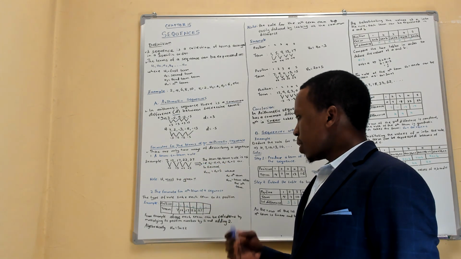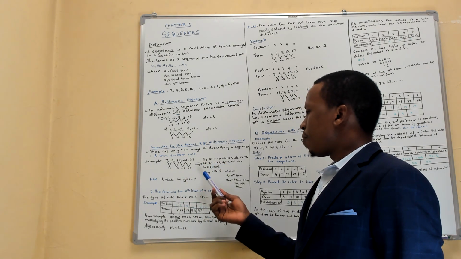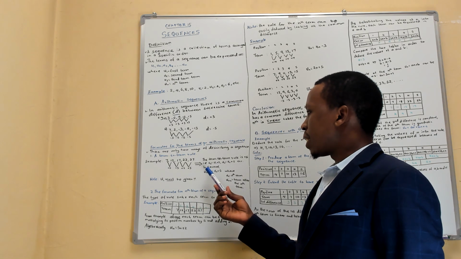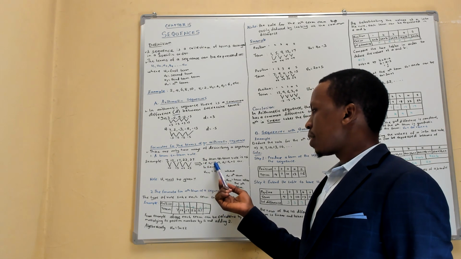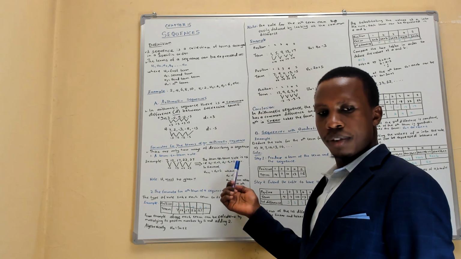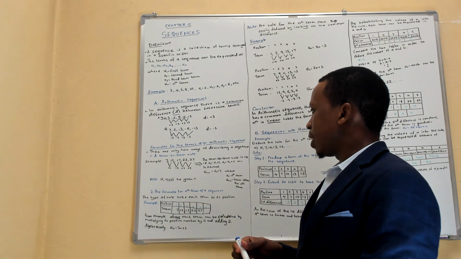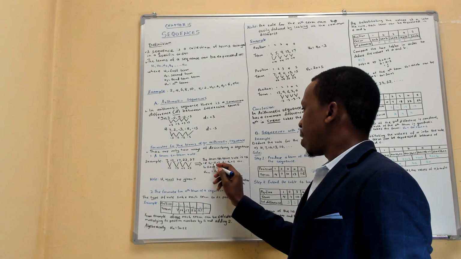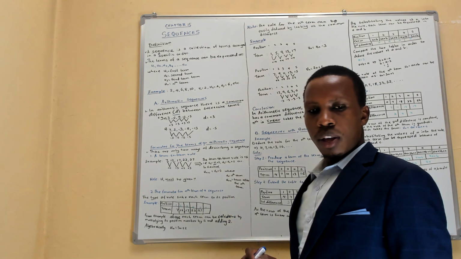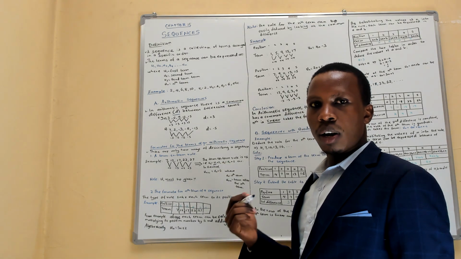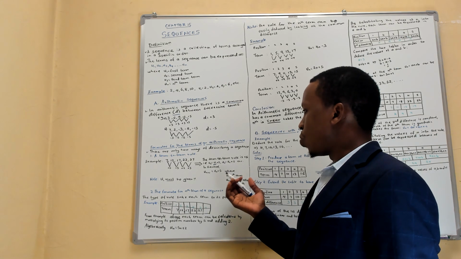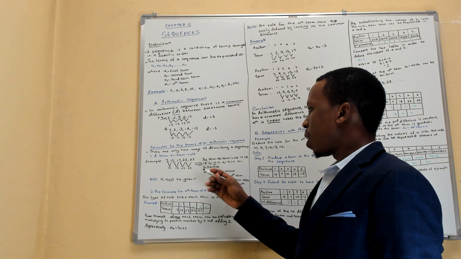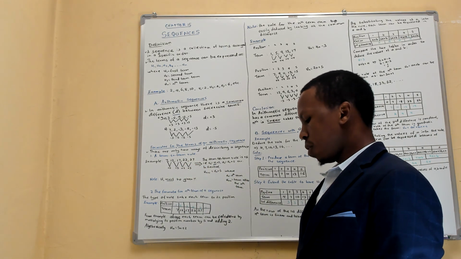Now if I want to get the second term, that is 12, I need the first term, u1, and then I add 5 to u1 to get 12, which is the second term.